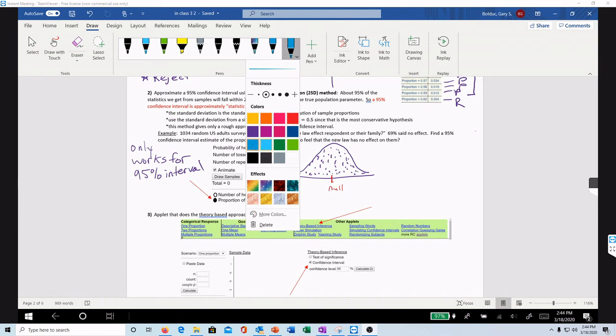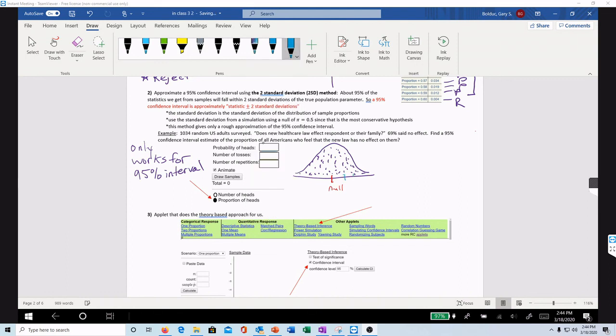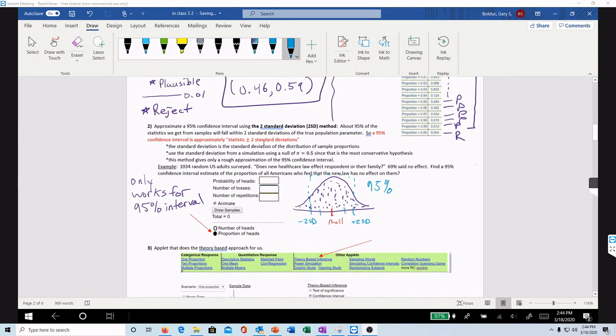What we noticed was that if I go 1, 2 standard deviations away in both directions, so this is -2 standard deviations and this is +2 standard deviations, then I will have gotten about 95% of all of the statistics, all the data points in there. I will have gotten that within this 2 standard deviation range, right?